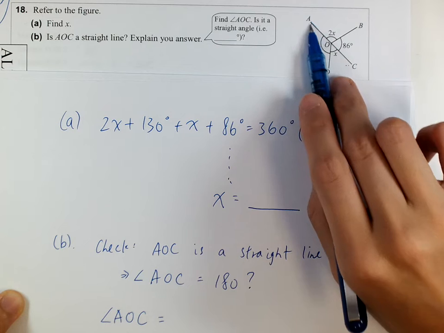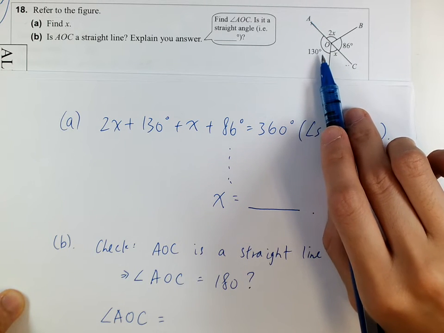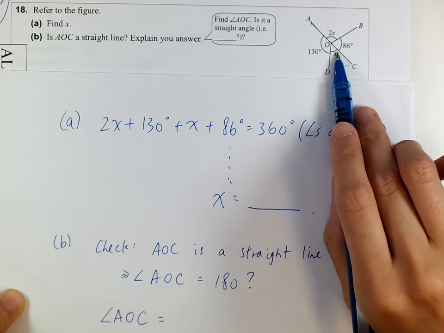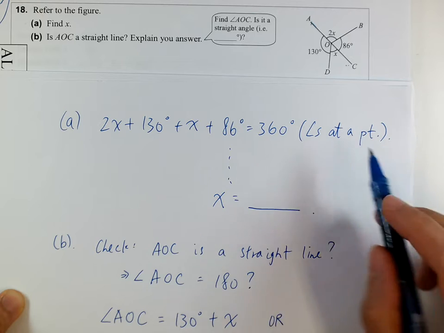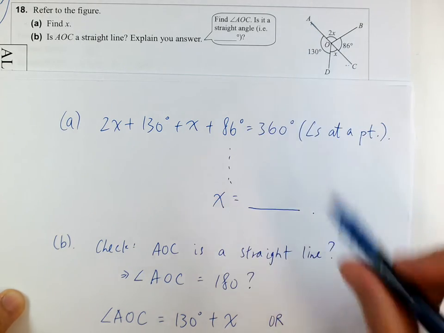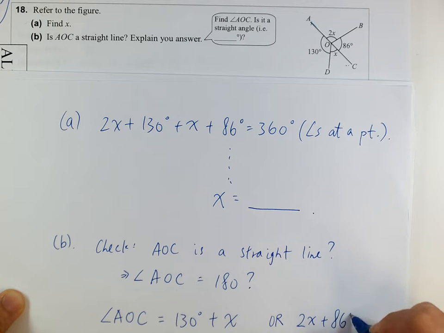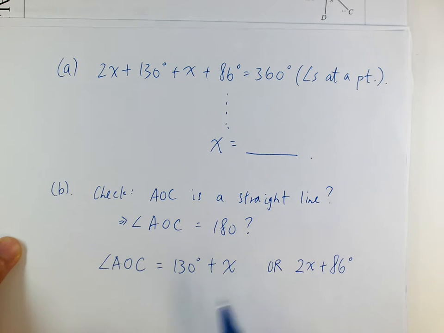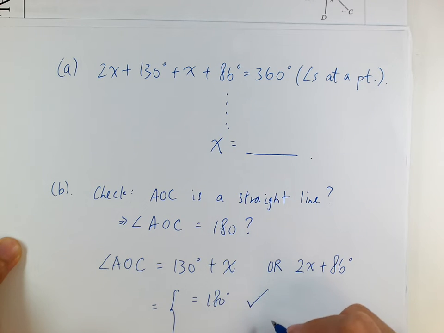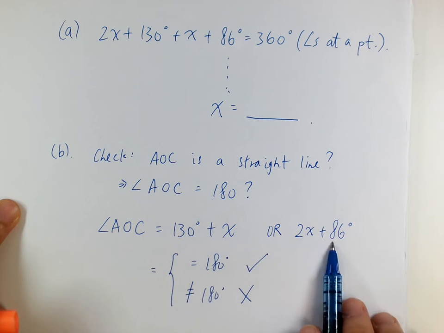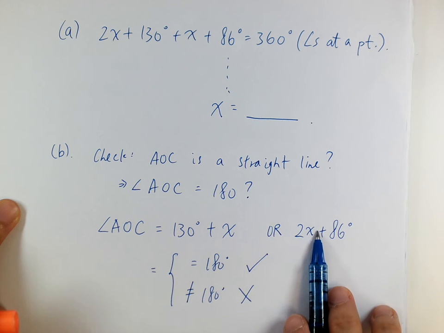This time, you can either check 130 plus x, or you can find the value of 2x plus 86. If either one of them equals 180, then yes, it is a straight line. If it is not equal to 180, then it is not a straight line.